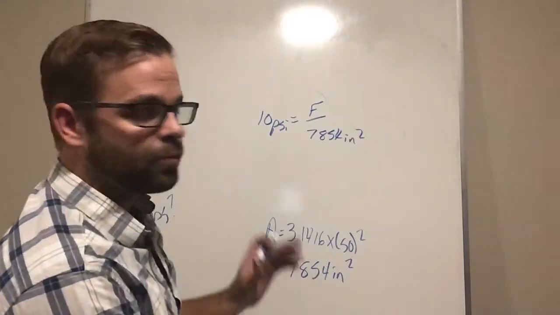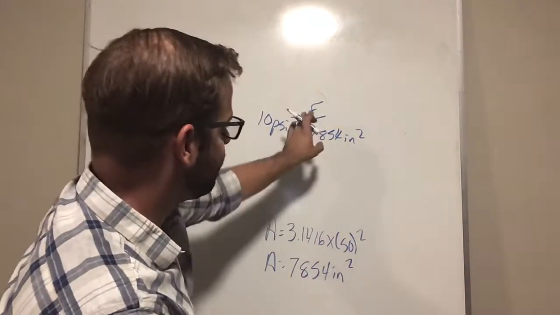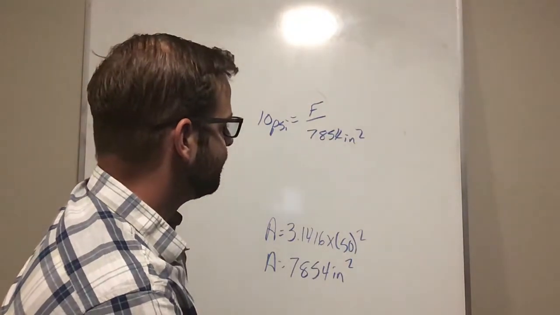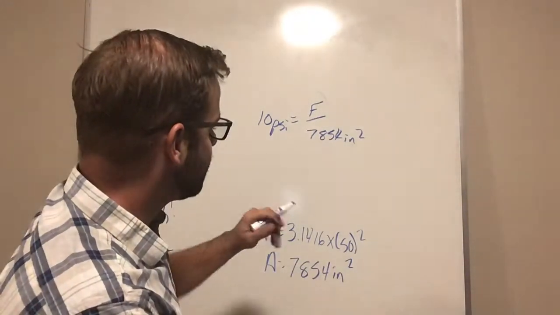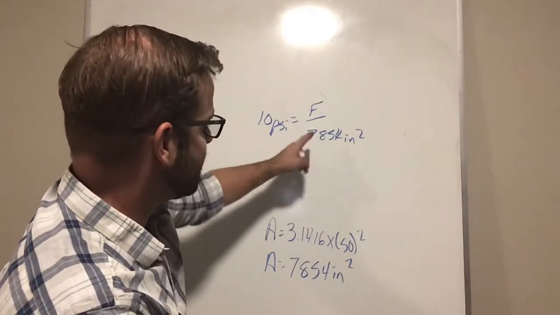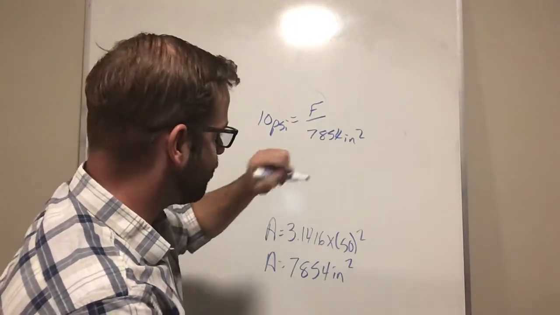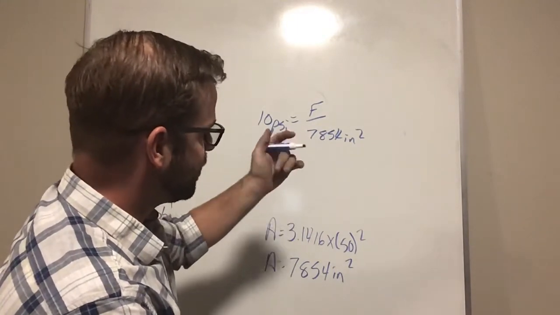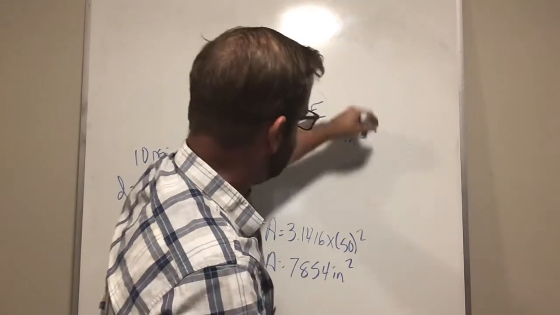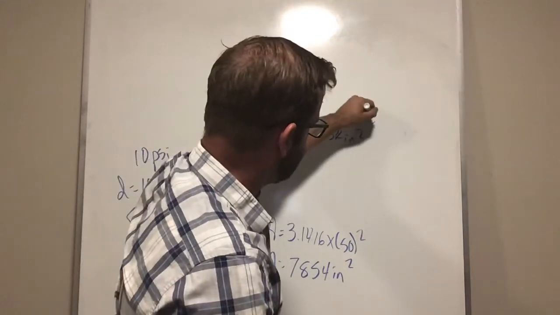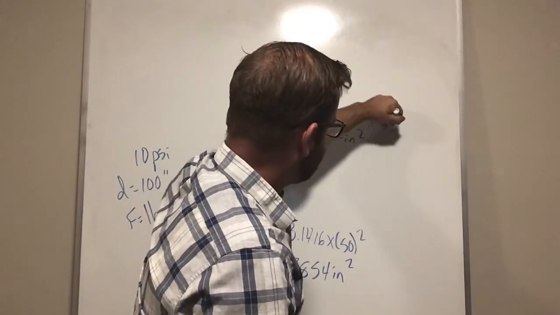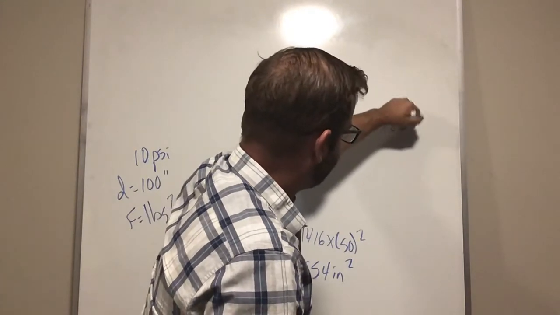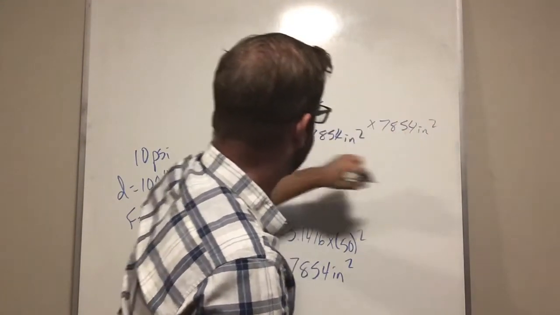And now we need to rearrange this formula to solve for F. One easy thing when you have a formula like this is you can take these values and flip them like that, or if you go back to what you did in school, whatever you do to one side, you have to do to the other. Multiply by 7,854 inches squared on both sides.